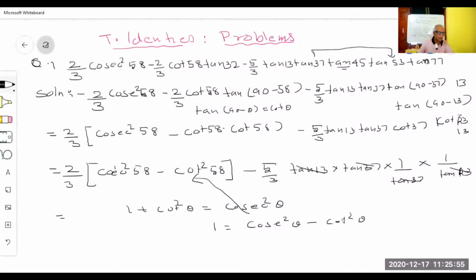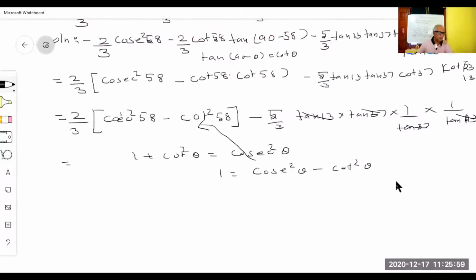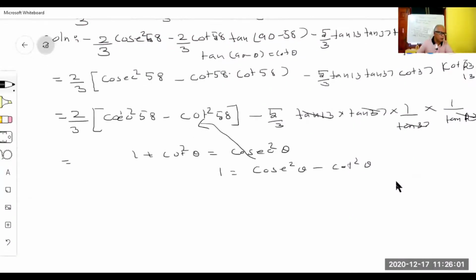So the answer will be 2 by 3 into 1 minus 5 by 3 into 1. Okay, all cuts. So 2 by 3 minus 5 by 3 is equal to minus 3 by 3, which is minus 1. This is the answer.